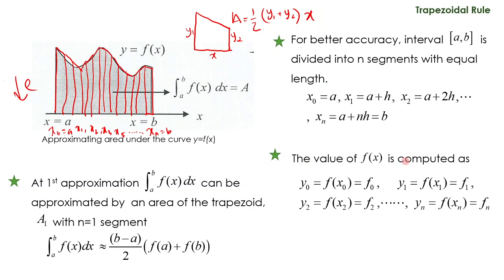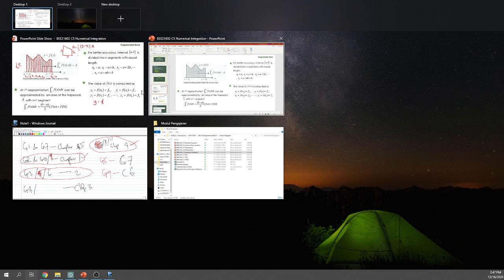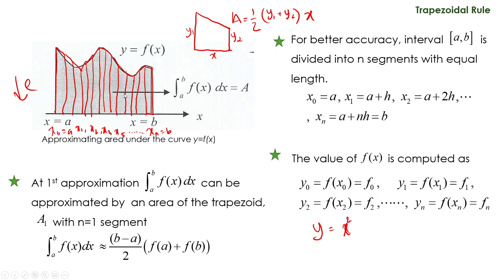So the value of f(x) is computed, and actually this one we need to measure. For example, if they give you an equation, for example y equals x squared, and they want you to do numerical integration, what you need to do is enter the value of x, and then you get the value of y or f(x).